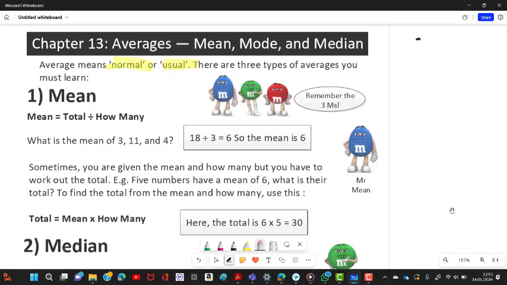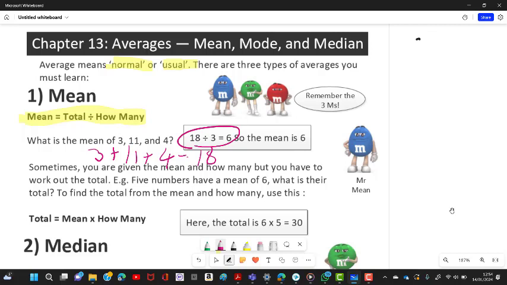You add the numbers together and divide by how many there are. So it's the total divided by how many numbers there are. So 3, 11, 4. If you add them up, 3 add 11 add 4 equals 18. And how many numbers are there? There are 3. So 18 divided by 3 gives you a mean of 6. So we've done mean, mode, and median.